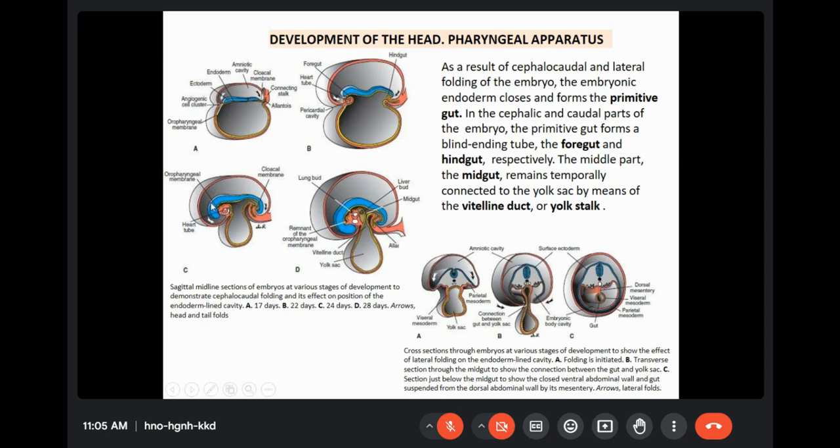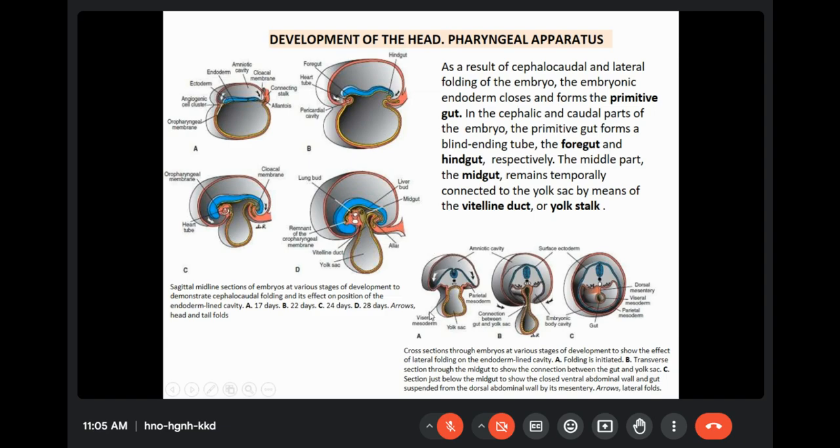So the embryo, which is here in blue and yellow color, becomes covered with the amnion, and the yellowish endoderm becomes the embryonic endoderm, the primitive gut of the embryo, and the extra-embryonic endoderm, the yolk sac.